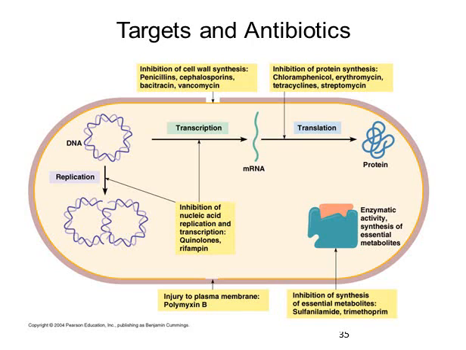Cells need enzymatic activity for the synthesis of essential metabolites, so we can inhibit this process as well. For example, sulfanilamide or trimethoprim are effective here. Alternatively, we can injure the plasma membrane with a drug called polymyxin B, or we can inhibit nucleic acid replication and transcription, for example with the quinolones and rifampin.